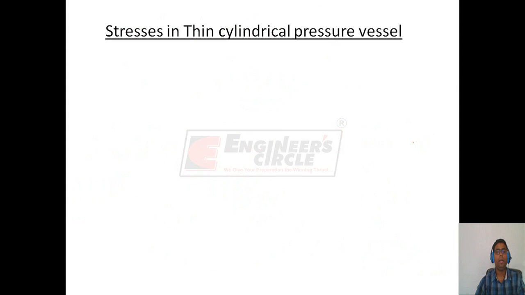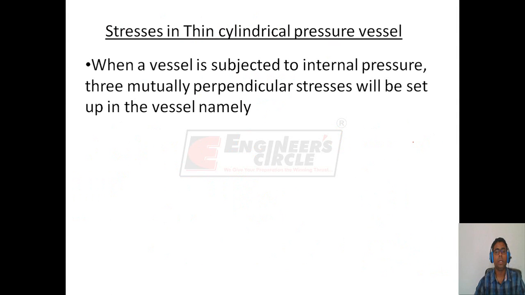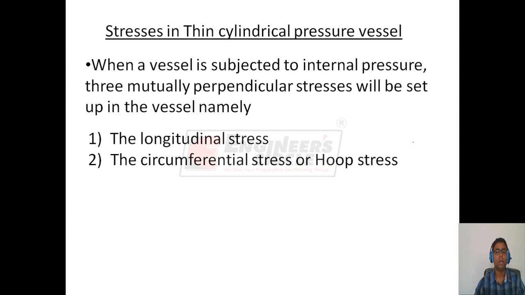So now let us find the stresses that are induced in the thin cylindrical pressure vessel due to the application of pressure P from inside. When a pressure vessel is subjected to internal pressure, three mutually perpendicular stresses will be set up in the vessel, namely the longitudinal stress, the circumferential stress or the hoop stress, and the radial stress.